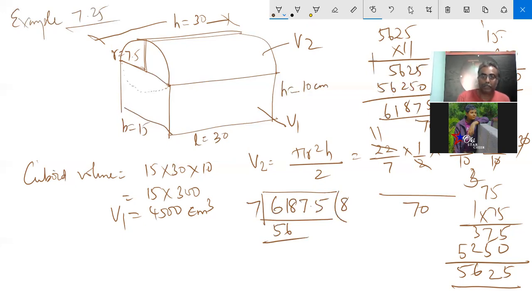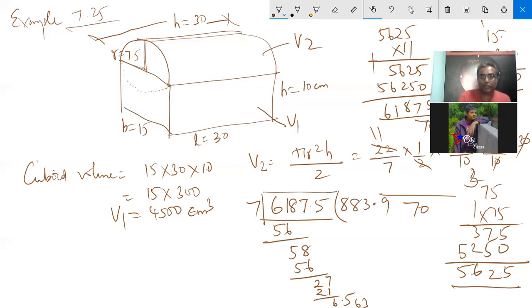What you could have done is you could have simplified further. No problem. 61, 7 goes 8 times. Remainder is 5. 58, again 7 goes 8 times. Remainder 2. 27, 7 goes 3 times. Remainder is 6 and 5. 65, 7 goes 9 times.